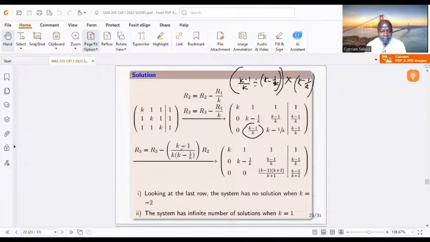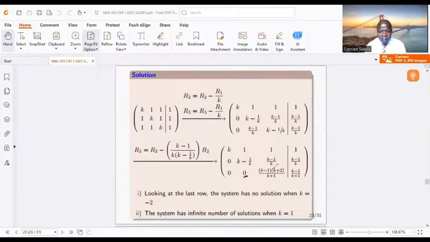So this is what I wrote here. Because this is k minus 1 out of k multiplied by k minus 1 out of k, then multiplied by row 2. So that will give me 0 in this position.